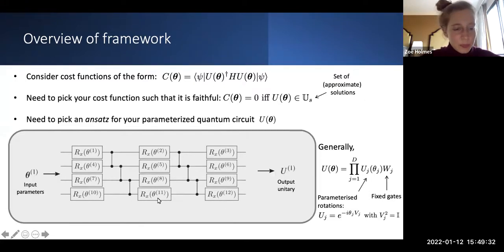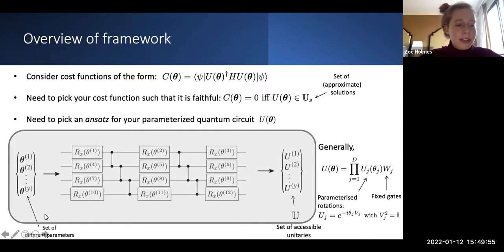Okay. So once you've fixed your ansatz structure, then given any set of possible input parameters, so bold theta here is a vector of theta 1, theta 2, theta 3, all the way to theta 12, there's going to be a corresponding output unitary. And corresponding to the set of all possible different input parameters under consideration, there will be a set of accessible unitaries.